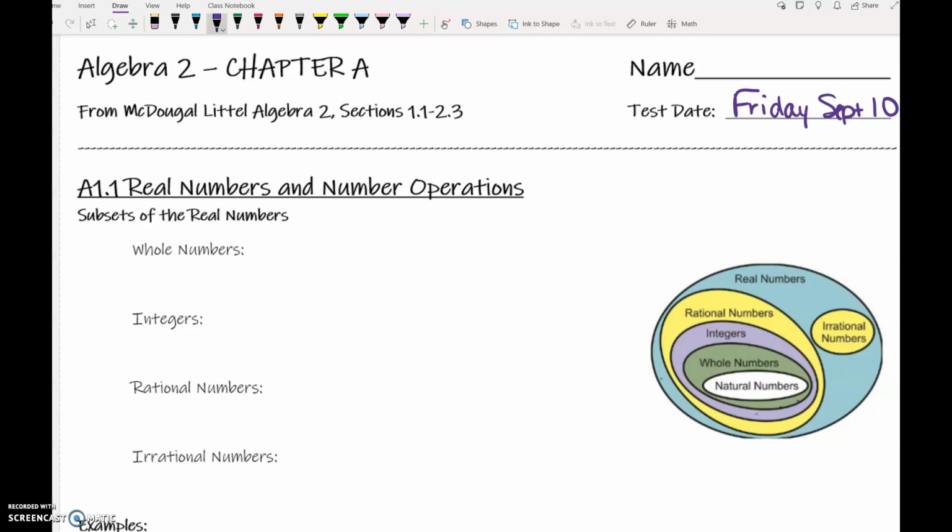A natural number is just a counting number, 1, 2, 3, 4, 5, and so on. No decimals, no zero, no negatives. There's not even a spot for it here because we don't really talk about natural numbers. We start with whole numbers. Whole numbers are 0, 1, 2, 3, etc. There are no decimals, and there are no negatives.